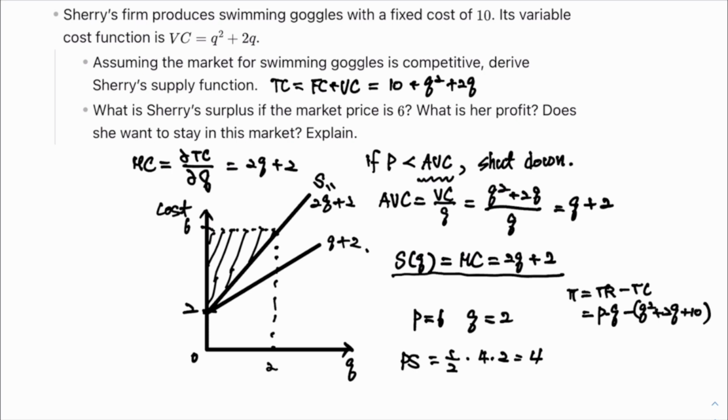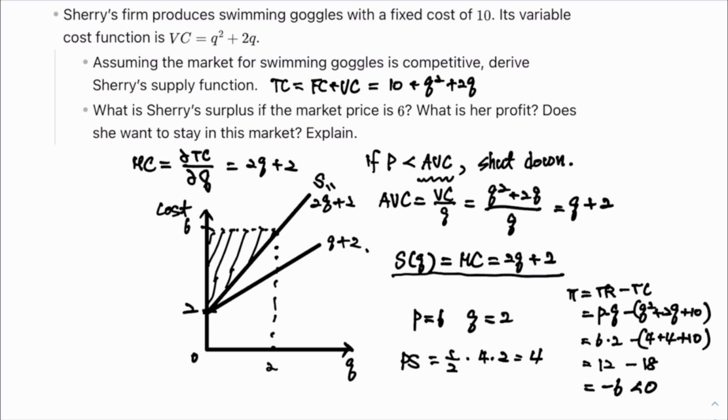This is the cost function, so I put it in brackets. P is given as 6, and the produced amount is 2. We just plug in. 2 squared is 4, 2 times 2 is 4, and this is 10. So this is 18, which gives negative 6. So profit pi itself is less than 0.